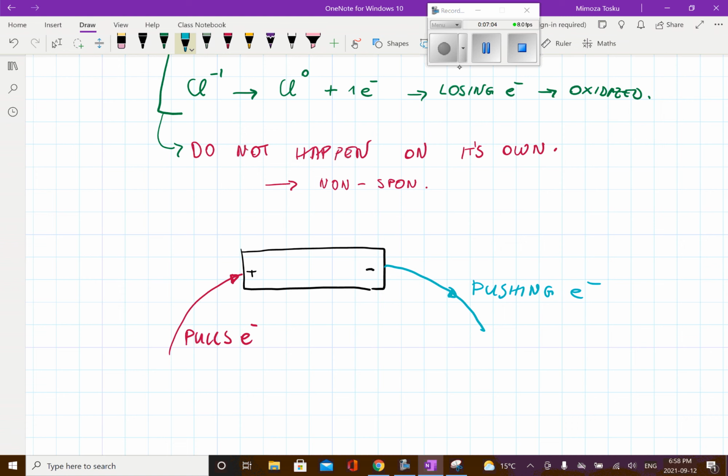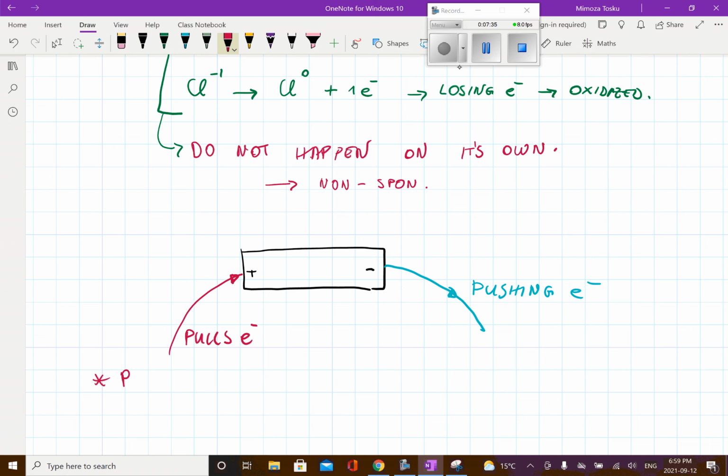In our case, the pull of the electrons is happening to chloride. I will make it in red color so that we keep the same.